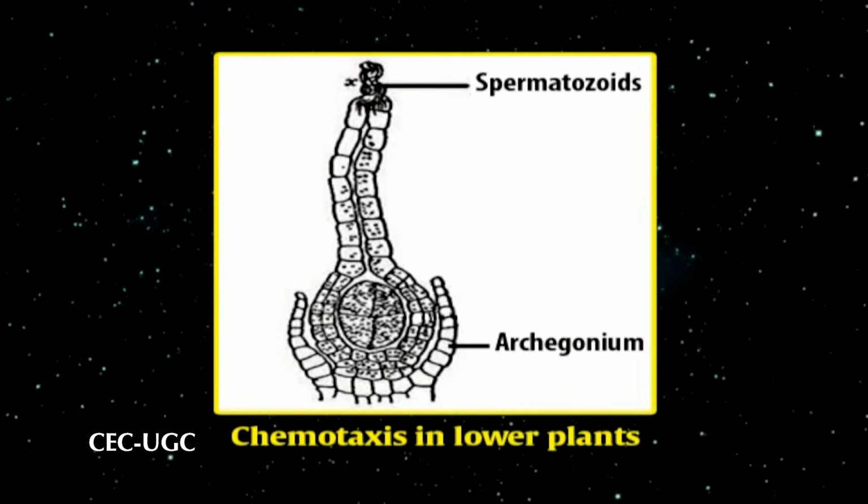Sensing the chemicals, the flagellated spermatozoids swim towards the archegonia, enter the neck canal cells and bring about fertilization. It is the presence of chemicals such as sucrose and malic acid inside the archegonium that attract the spermatozoids.